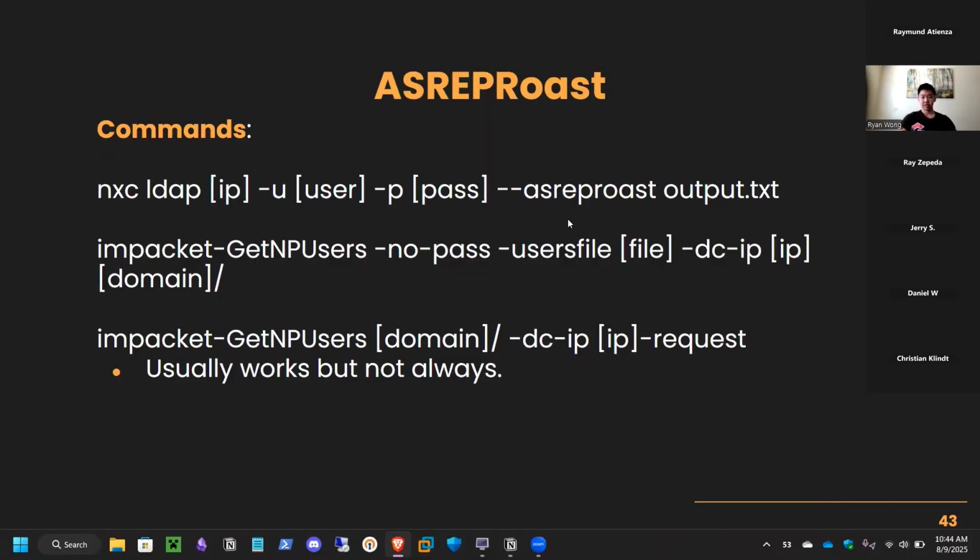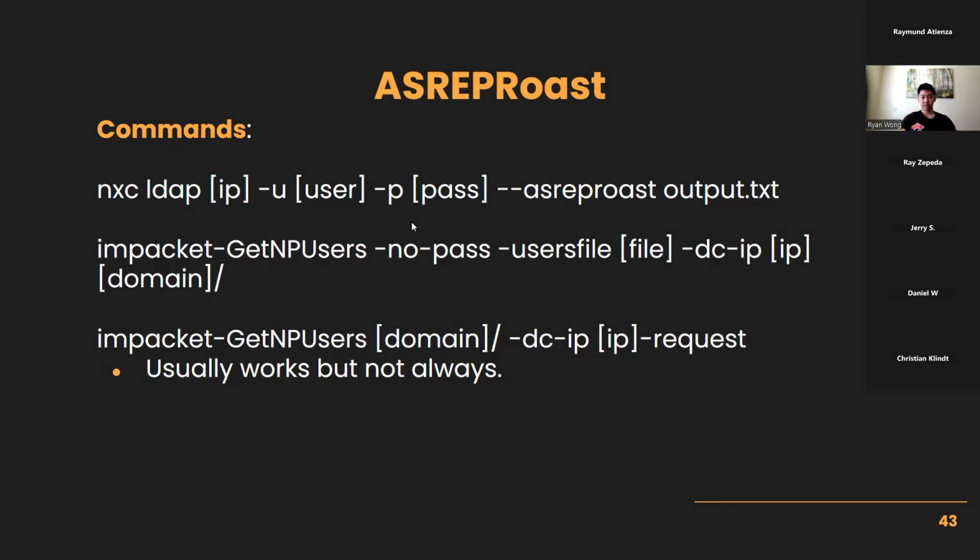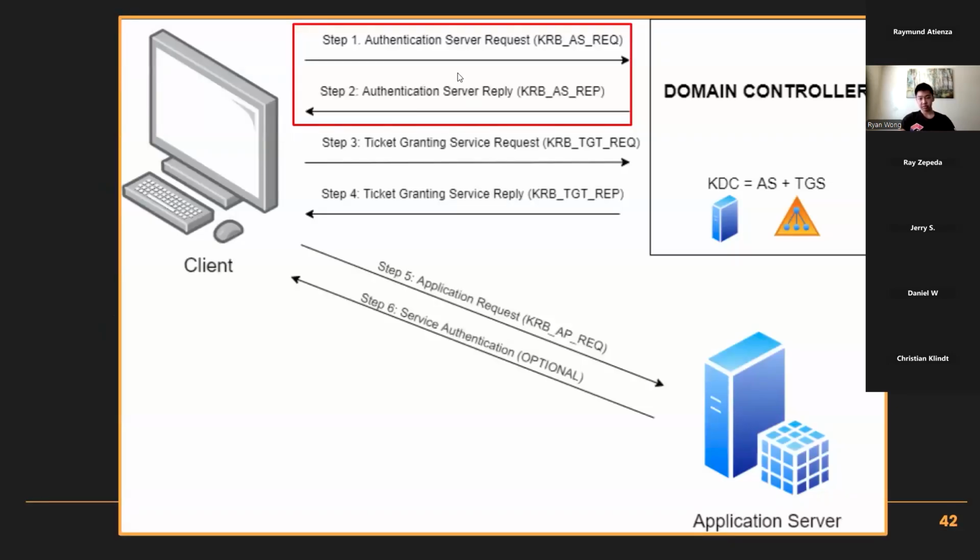Because a user doesn't have pre-authentication enabled, you can request a TGT for that user without providing a password. With that, you can request a TGT from the KDC, the domain controller, and then just crack it offline.